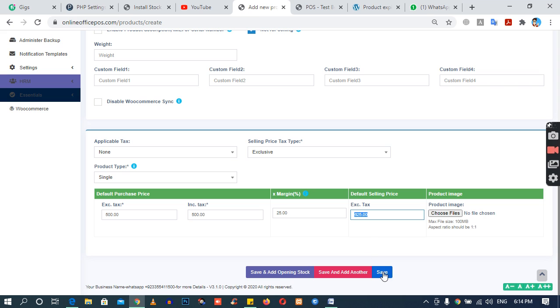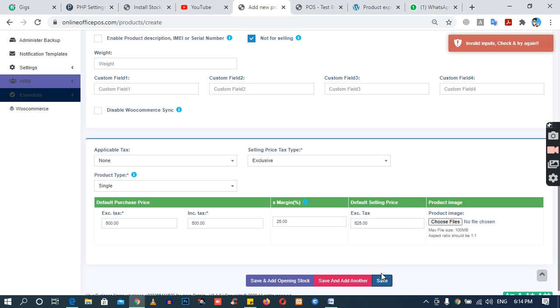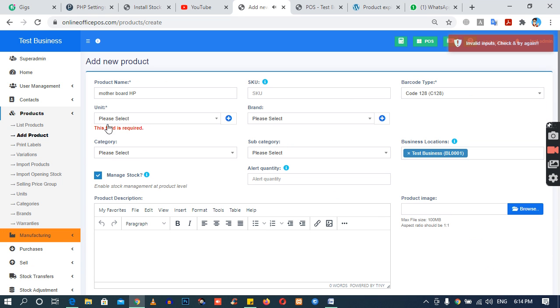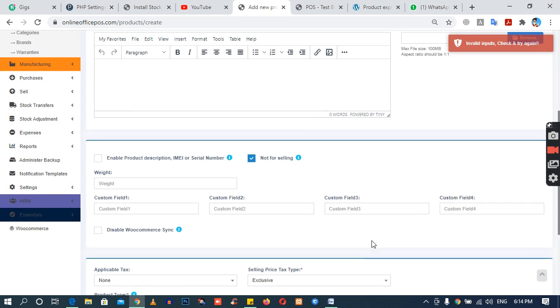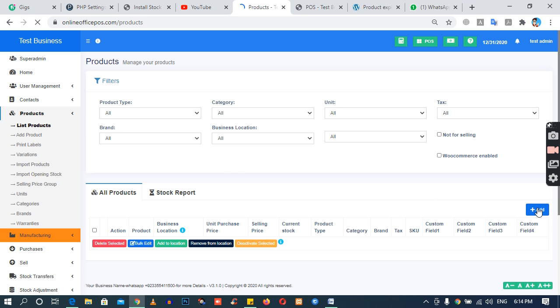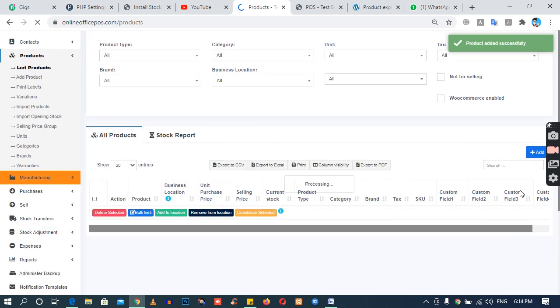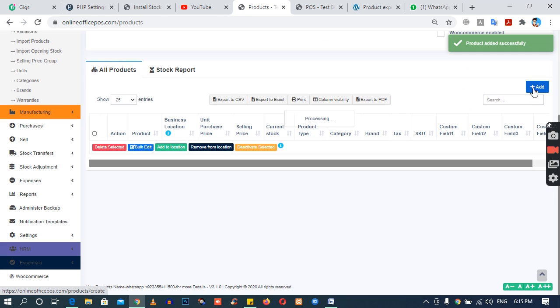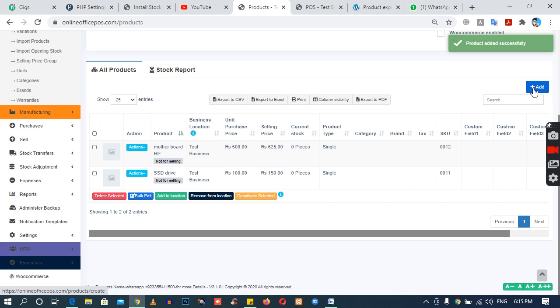We don't need to sell it, and we just save it. You have to select the piece, save, and add another product. So two products are added, motherboard HP and SSD drive.